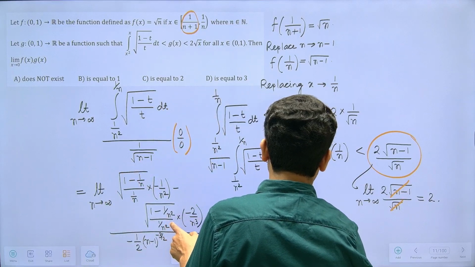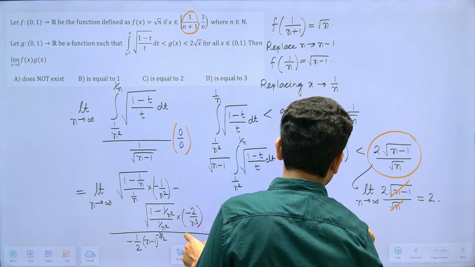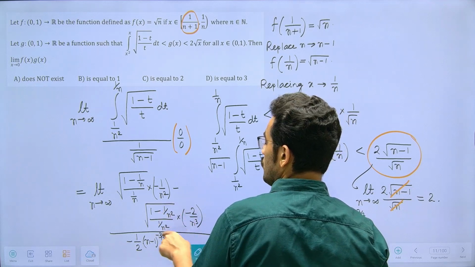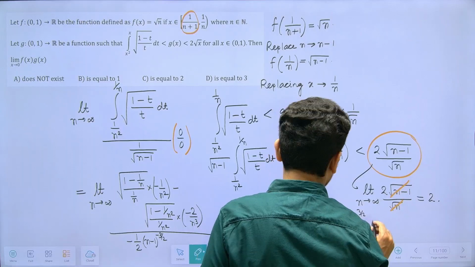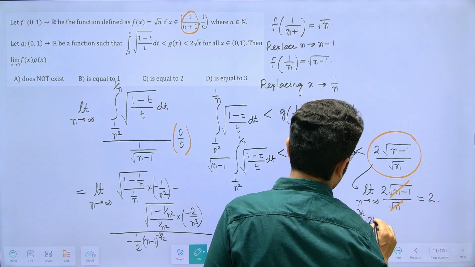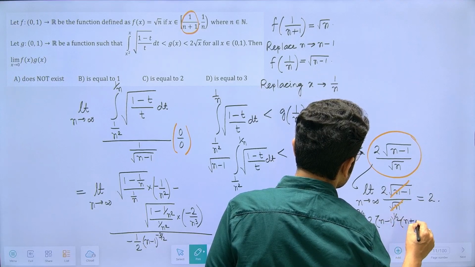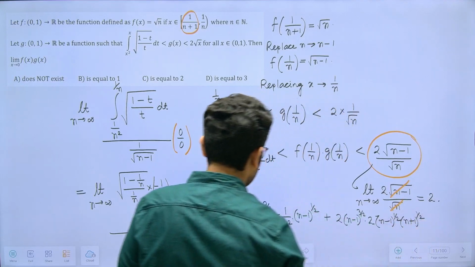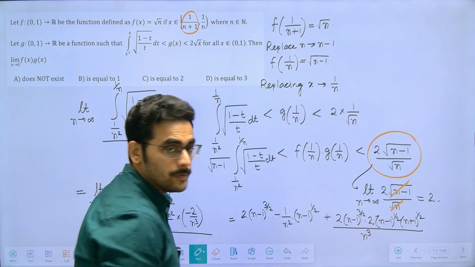And the second one will be plus 2 into n minus 1 to the power 3 by 2 into root n square minus 1, that is n minus 1 to the power half into n plus 1 to the power half, and the whole divided by n cube, right?